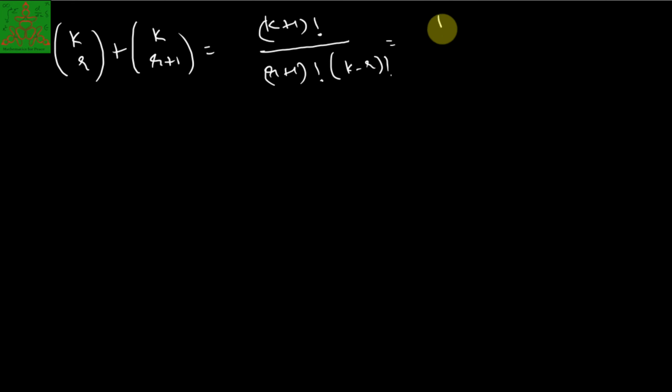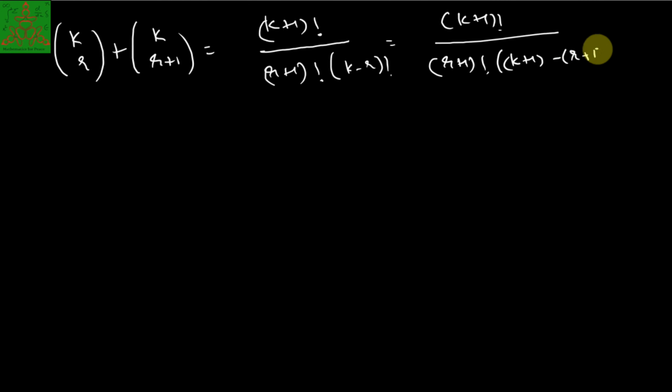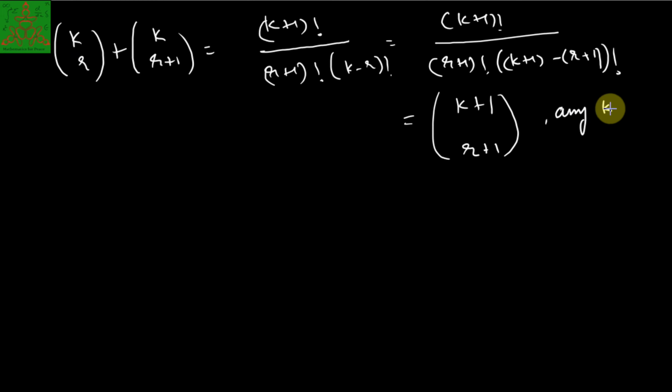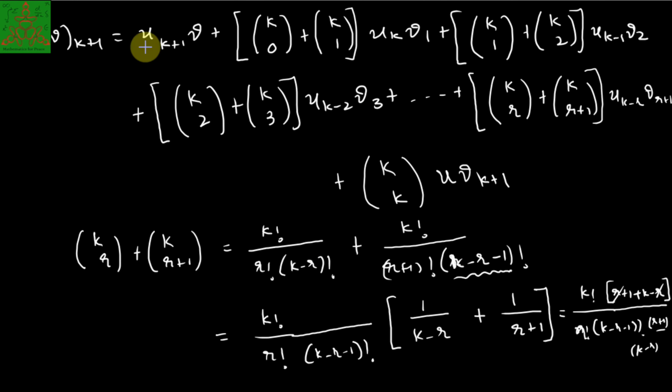But this k minus r factorial I may write as k plus 1 minus r plus 1 factorial. So I have added and subtracted terms here. So this is nothing but k plus 1 c r plus 1. And this quantity is true for any r which is smaller than k.